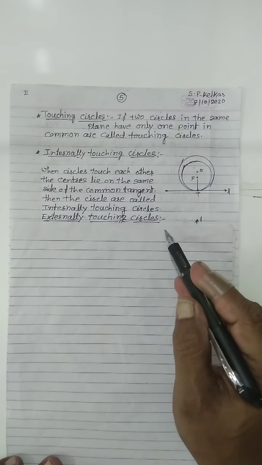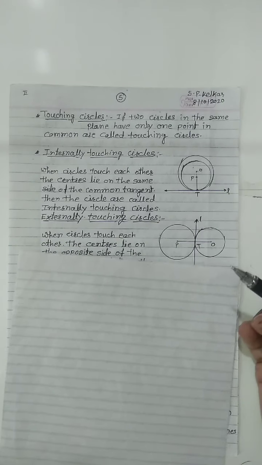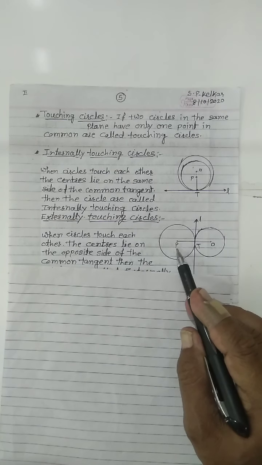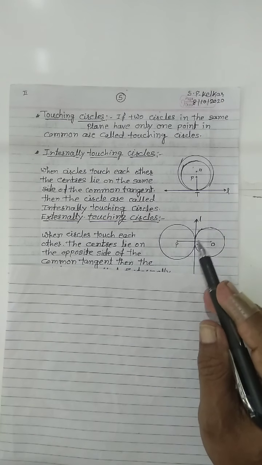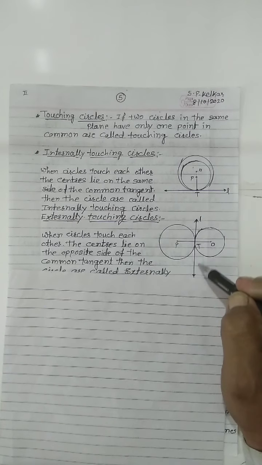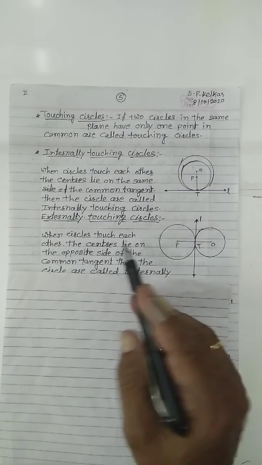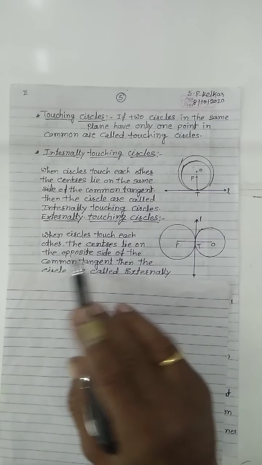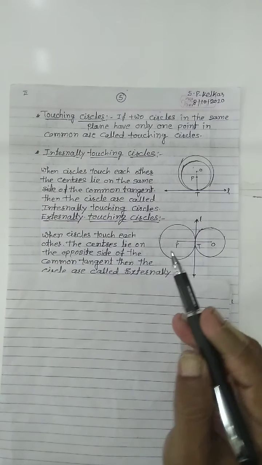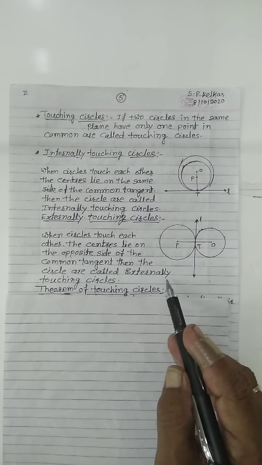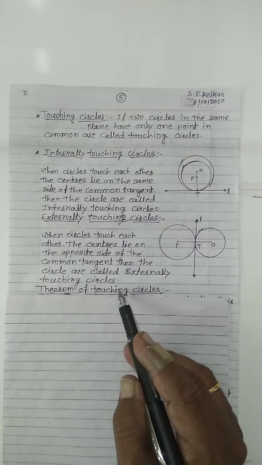Then externally touching circles. In this figure these two circles have centers P and O. They are touching at point T, and the common tangent is this L. When circles touch each other and the centers lie on the opposite sides of the common tangent, the circles are called externally touching circles.